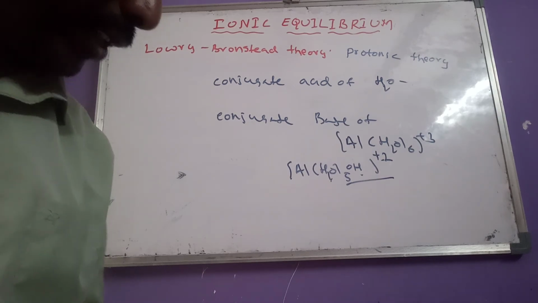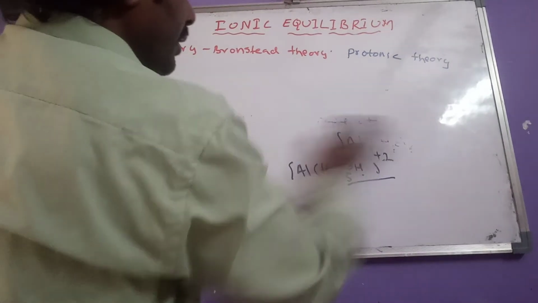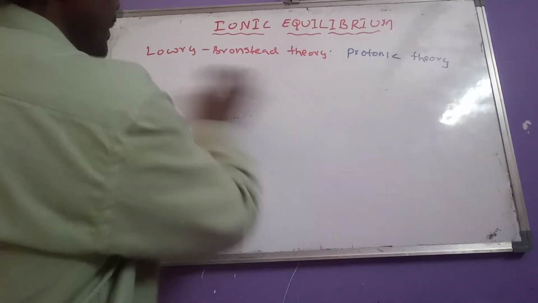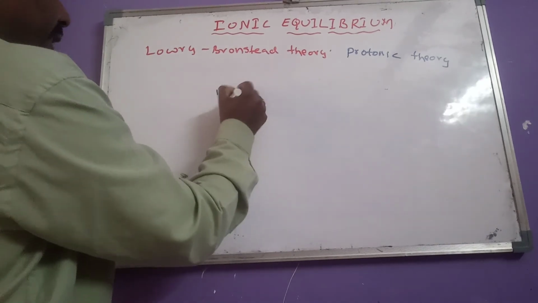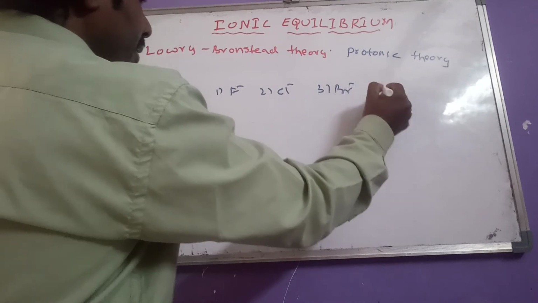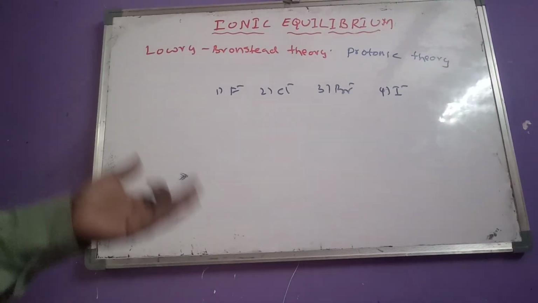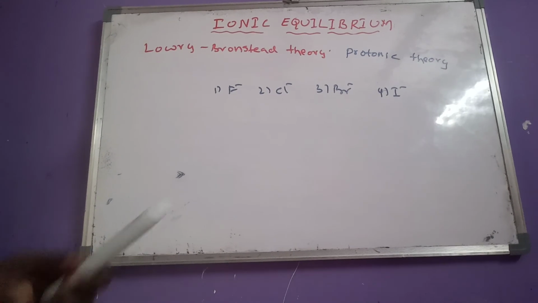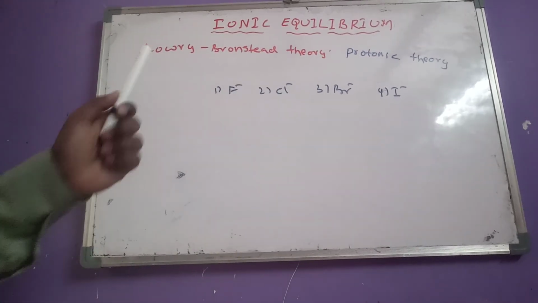And another question they give, which of the following is strong conjugate base? Strong conjugate base. So options F minus, Cl minus, Br minus, and fourth option I minus. Which is a strong conjugate base? Strong conjugate base means that should be generated from weak acid.